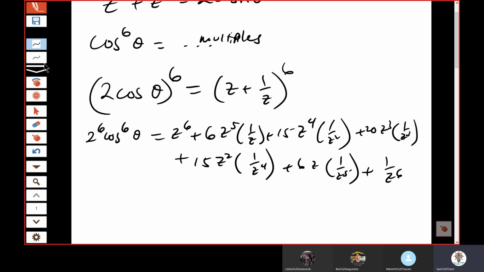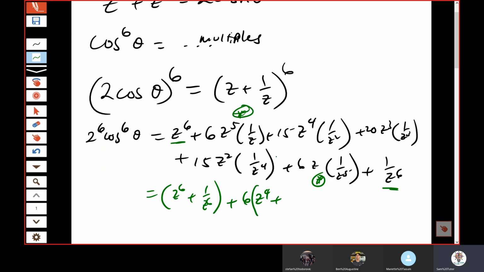Then you group this with this: z^6 plus 1 on z^6. Yes? You sure? Plus 6, and this one here, so it should be z^4.